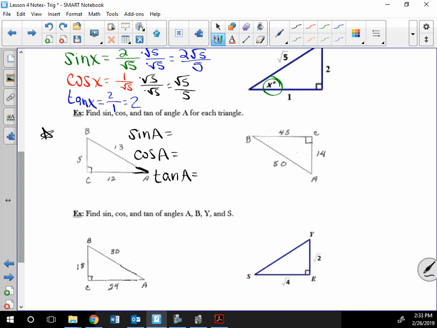And you need to write that out. Sine of A equals, if you just write 3 fractions, I don't know which one is which. So go ahead and figure out your ratios, sine, cosine, tangent, and simplify. Always, always, always simplify.